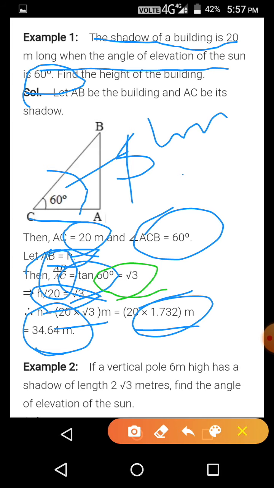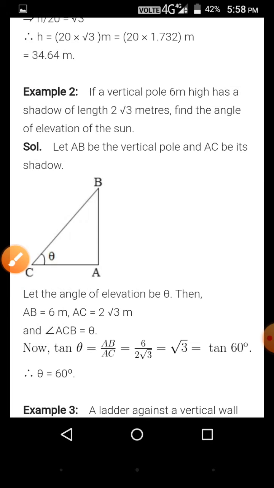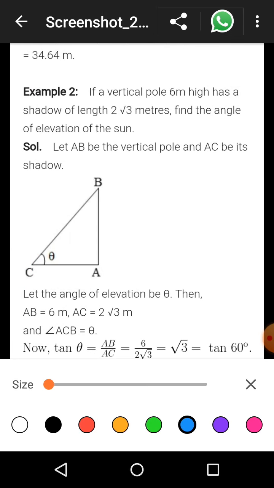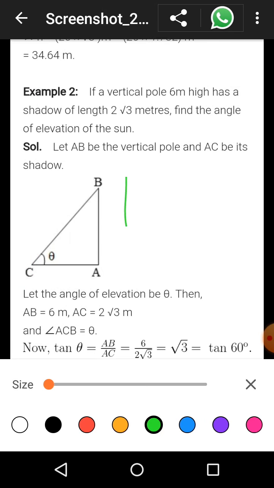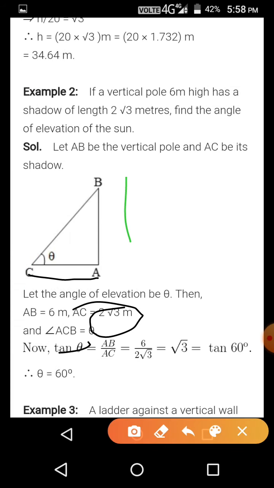Okay, next question, I am reading it out. If a vertical pole of 6 meters high has a shadow of 2 root 3 meters, this is the vertical pole AB, and its shadow here is AC. AC is equal to 2 root 3, and again we take tan theta, which is equal to AB upon AC.